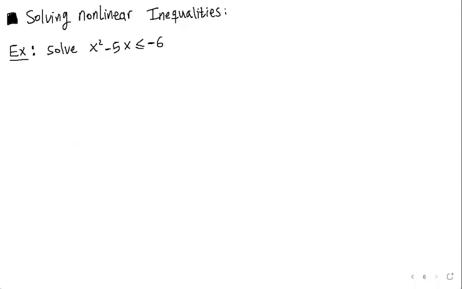Because the exponent of the variable x here is 2, this means nonlinear.